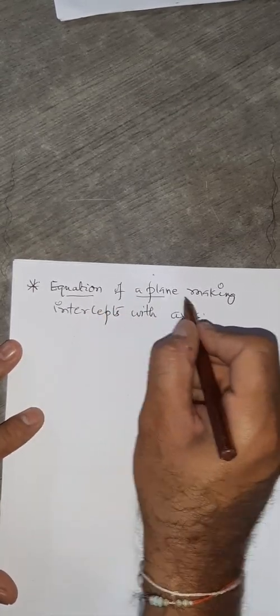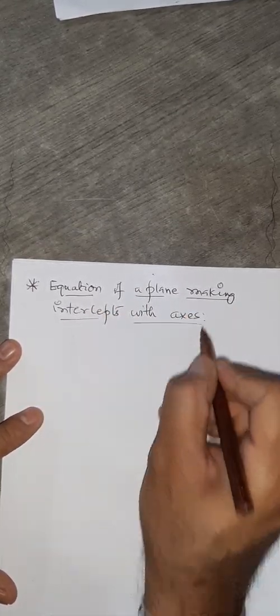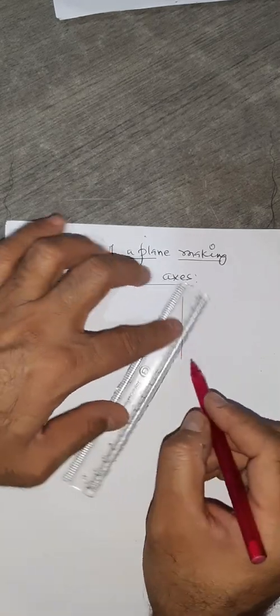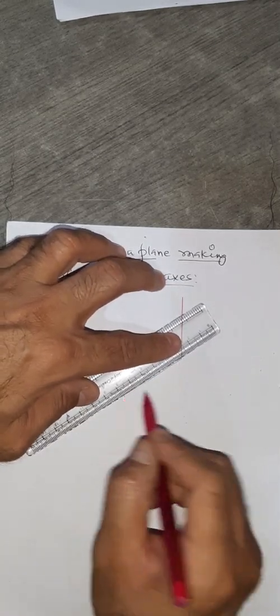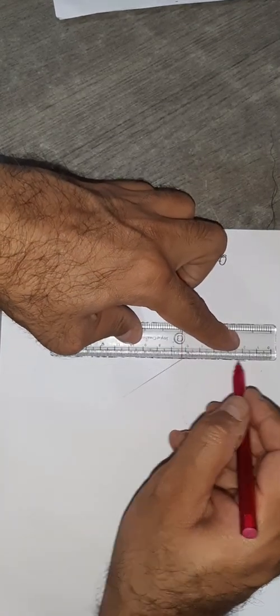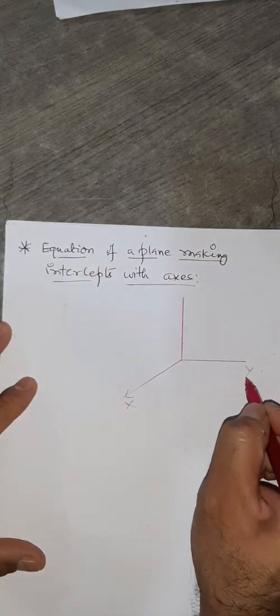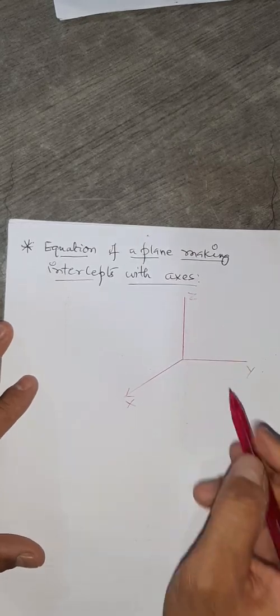We had the same form in case of the straight line also. So let me show you what the question says. I'll consider three coordinate axes here. These are the three coordinate axes. Here we have x-axis, this is y-axis and this is z-axis.